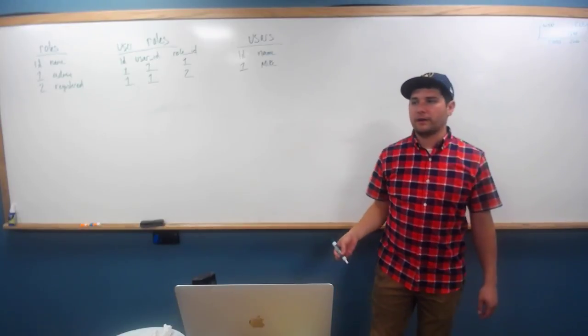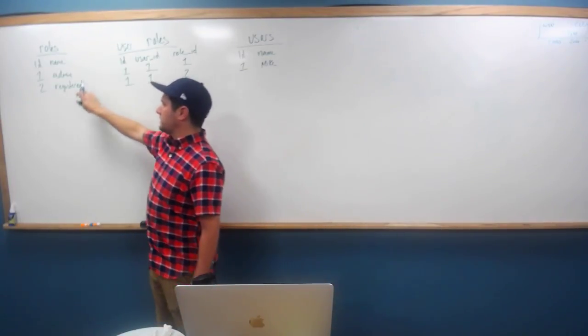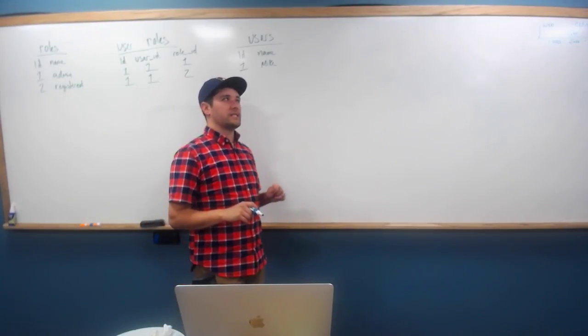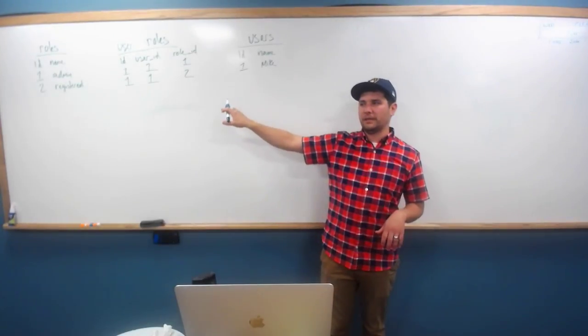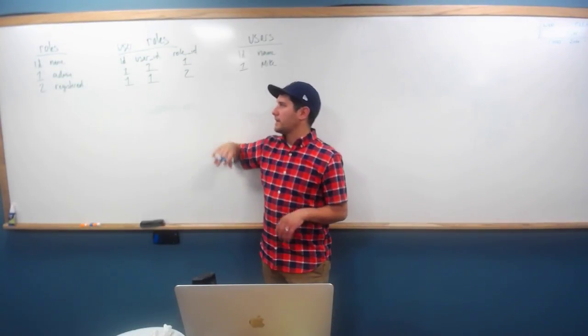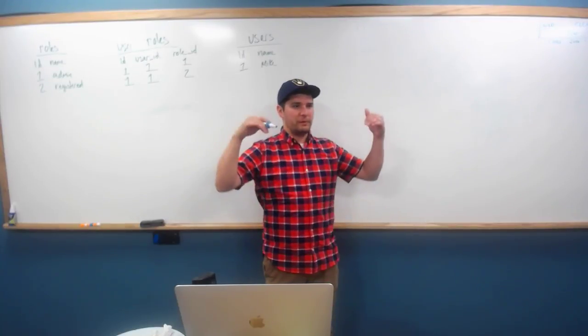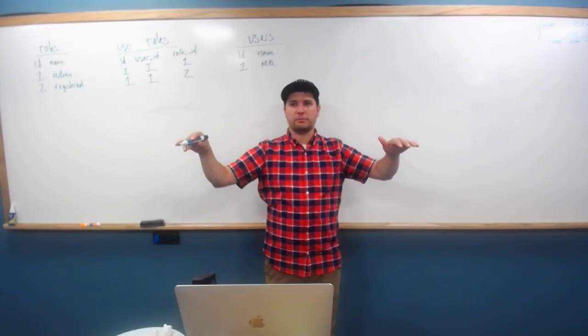Where this starts to matter is if you start gaining additional responsibilities with each of these. What's different about this example, and probably not such a great example, is that an admin probably can do everything that a registered user can do, right? So it's a little bit more like this permission has everything that this previous permission had.